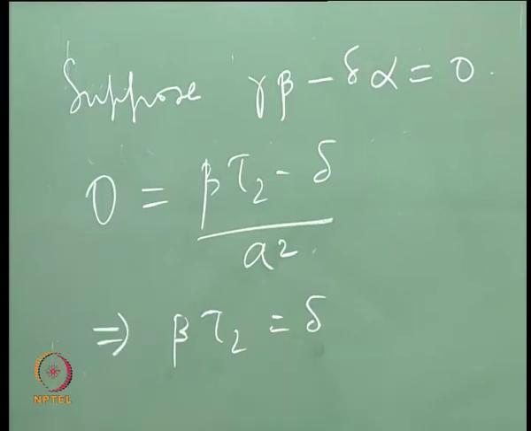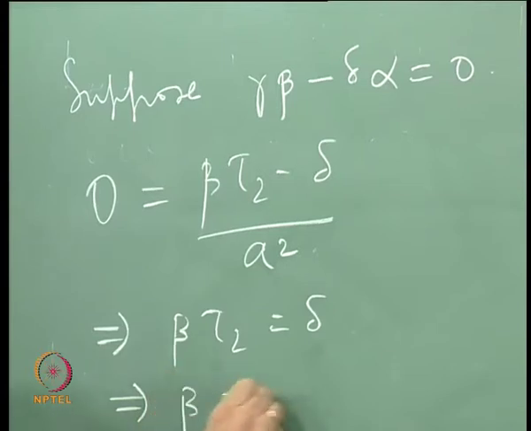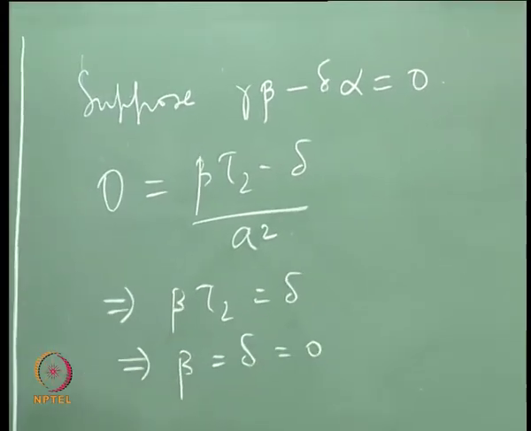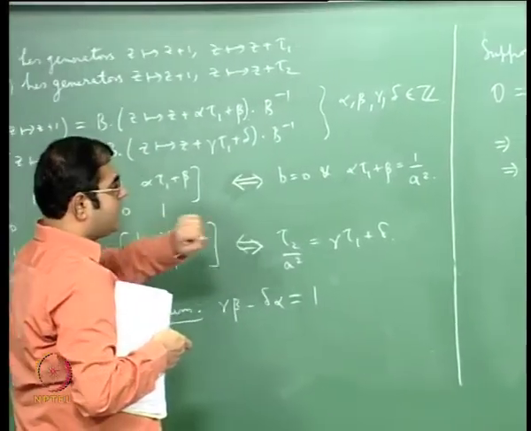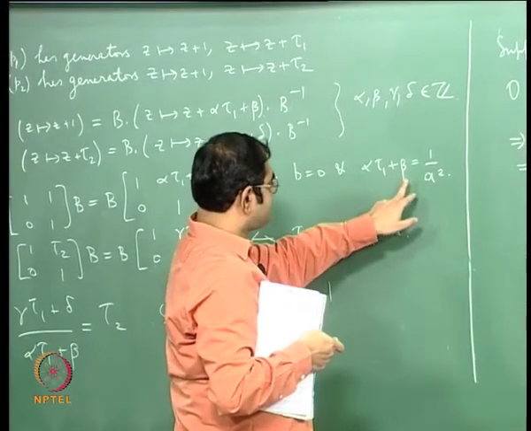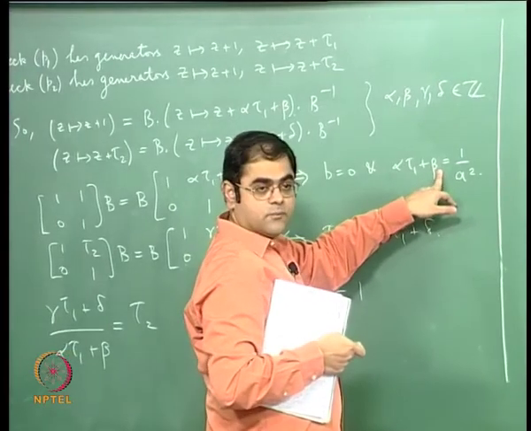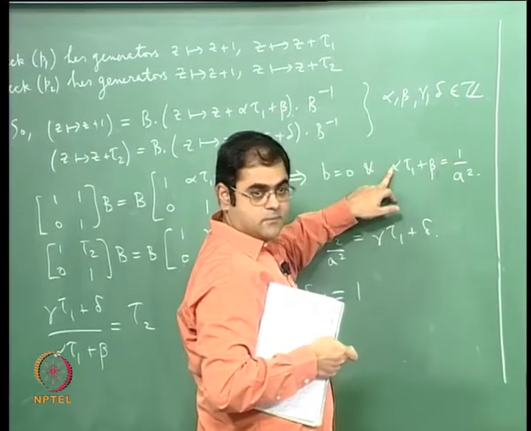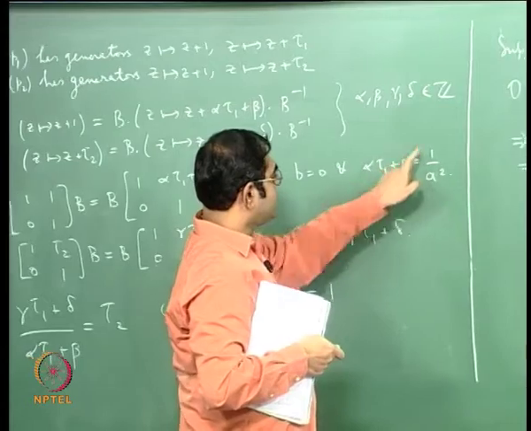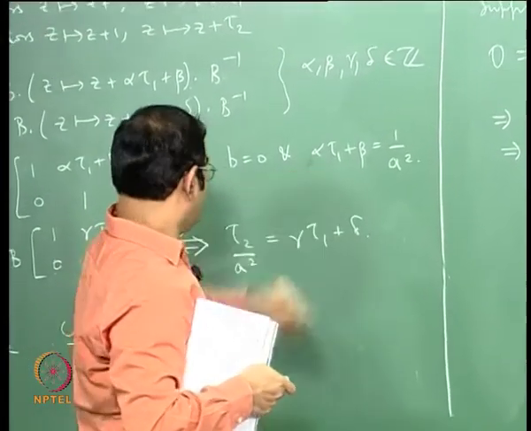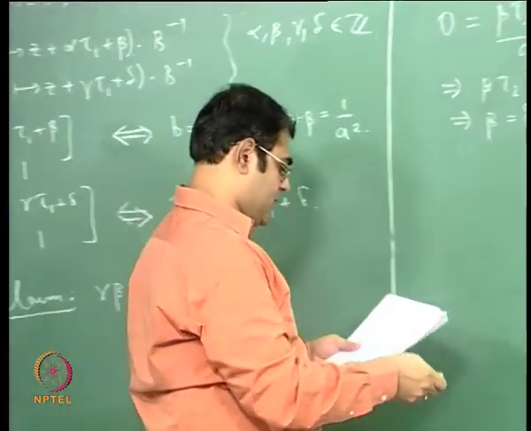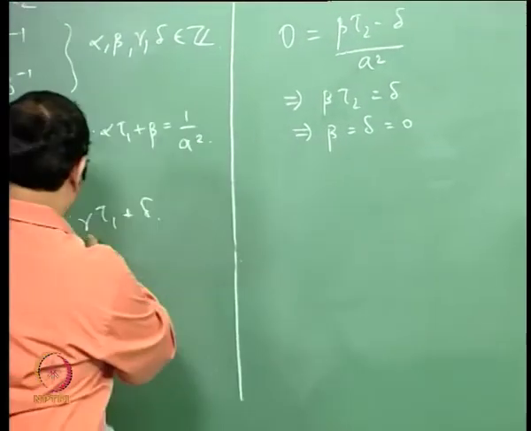So the only way is beta equal to delta equal to 0, there is no other way. But if beta is 0, then alpha tau 1 is 1 by a square, that is not 0, so alpha is not 0.